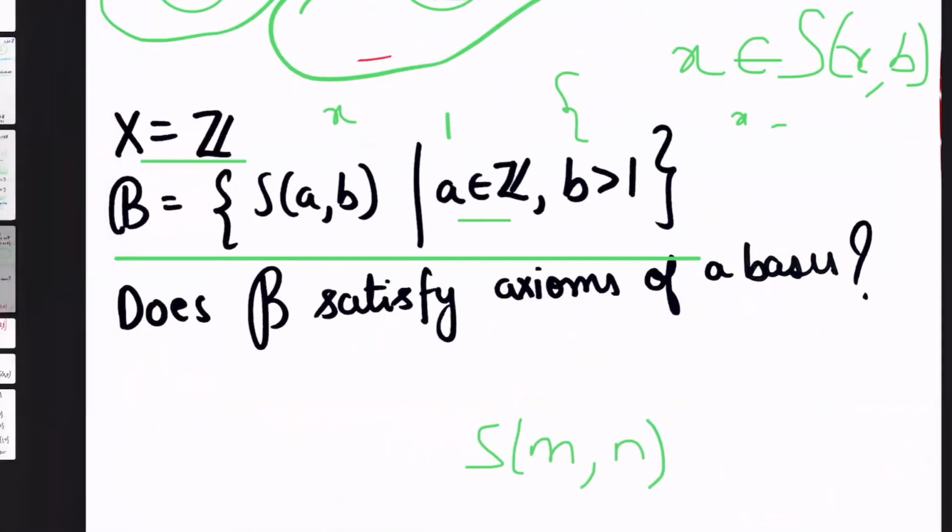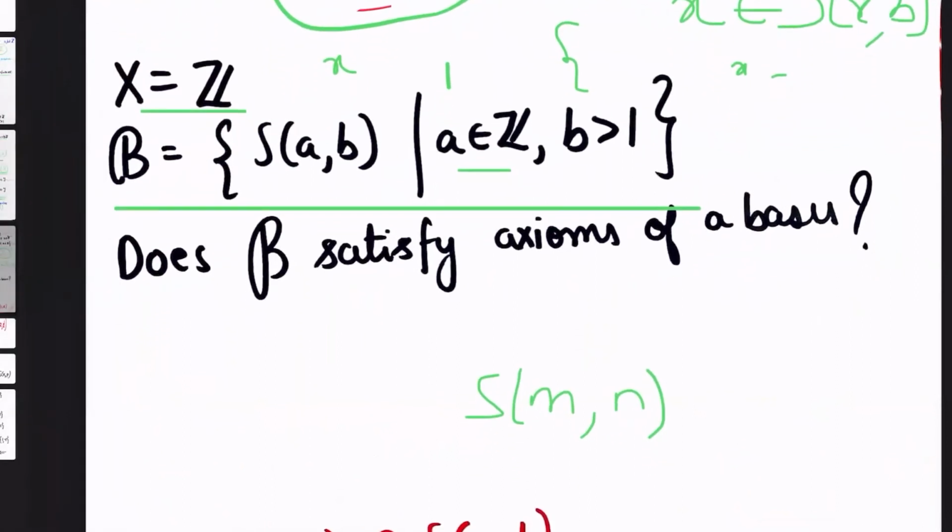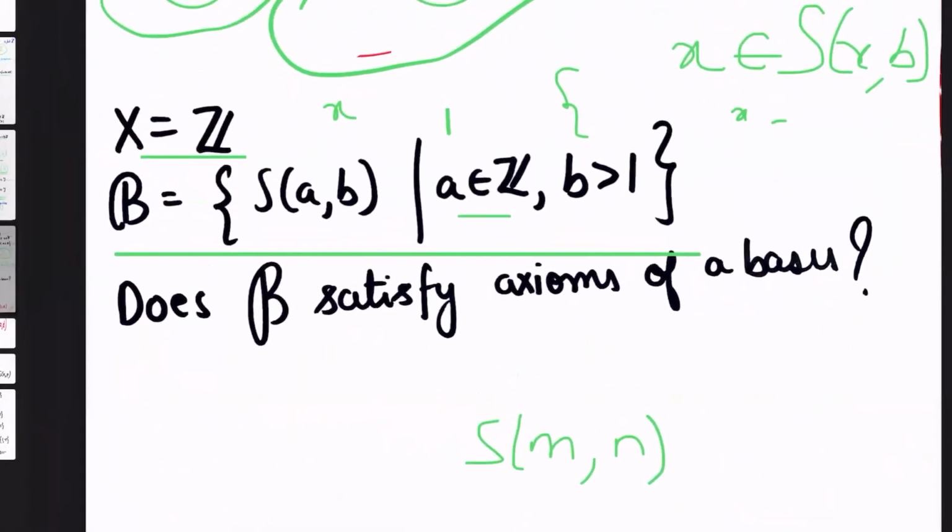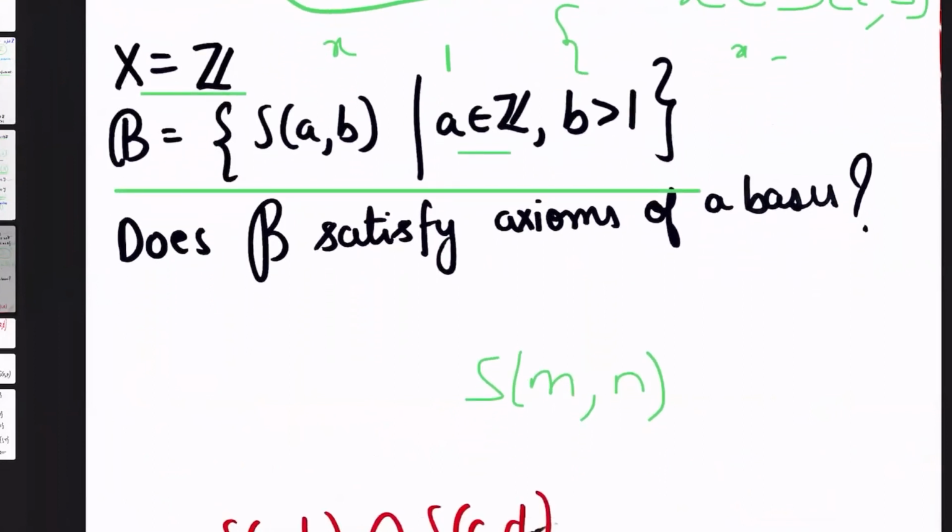Since x is in both of these, we had observed that each set is the same as S_{x,b}. We did that coset argument at the start: x belongs to A plus BZ, therefore x minus A belongs to BZ, therefore x plus BZ would be the same as A plus BZ.